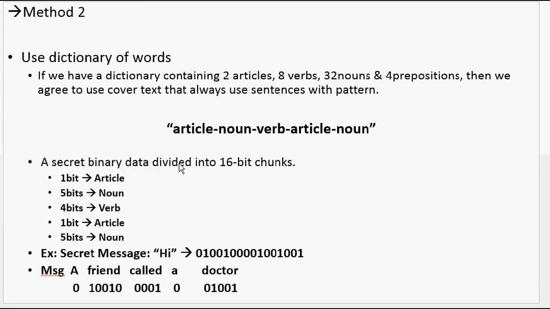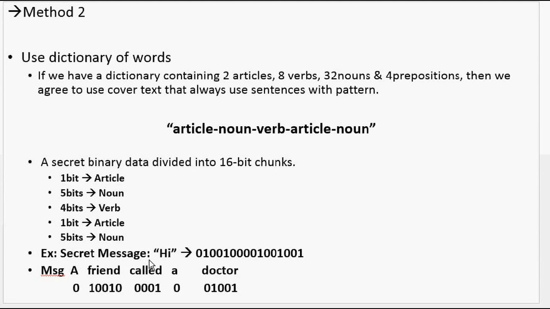First, we have to divide the given data into chunks of 16 bits. In that, the first bit is for the article, the next 5 bits are for the noun, the next 4 bits are for the verb, again the next bit is for the article, and the last 5 bits are for the noun.